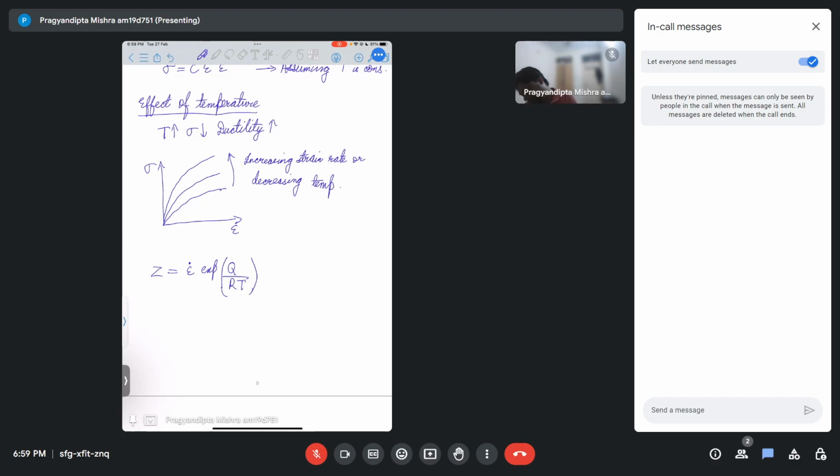Okay, so this thing is something that you can remember. Q is your activation energy for plastic strain.